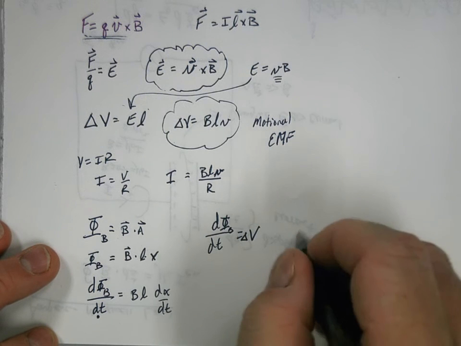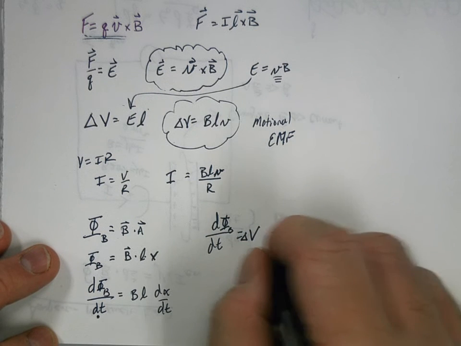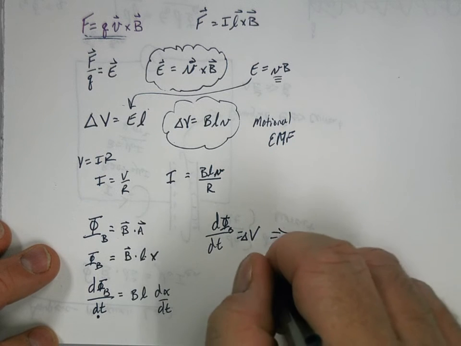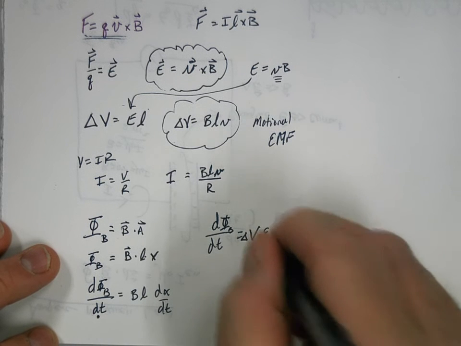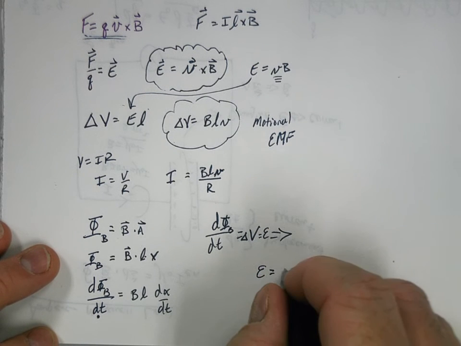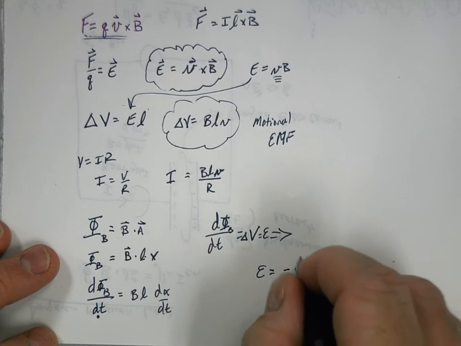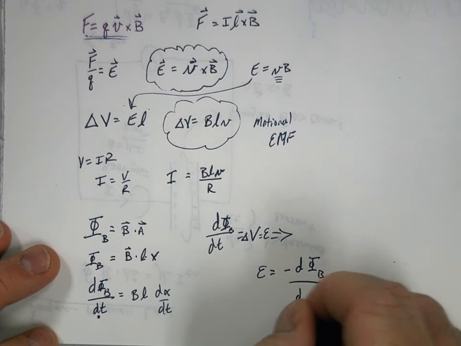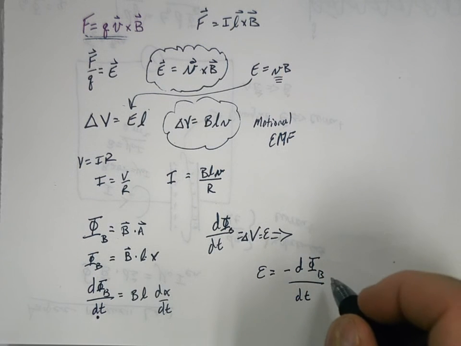This is how we get electric generators. We're going to call this EMF, by the way, that our electromotive force is equal to negative dΦ/dt.